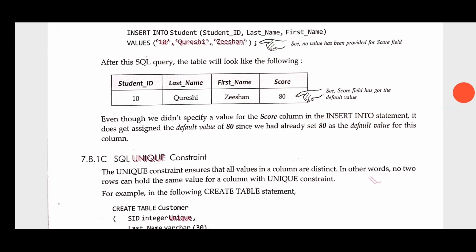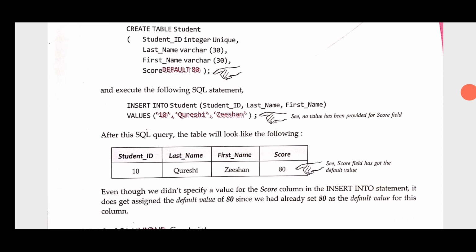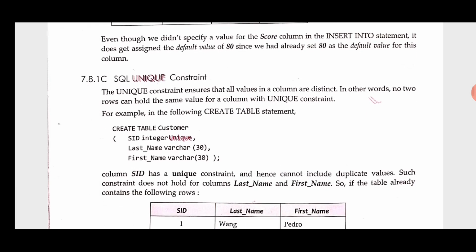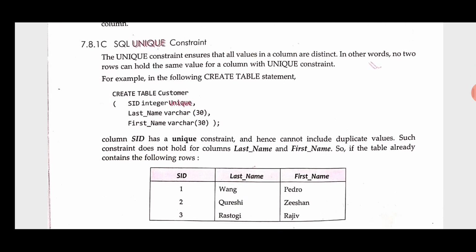So this is due to the default statement written at the time of table creation. CREATE TABLE student, in this statement we have written score DEFAULT 80, so that if we do not enter one, then by default that 80 value will be visible in the output or in the view.